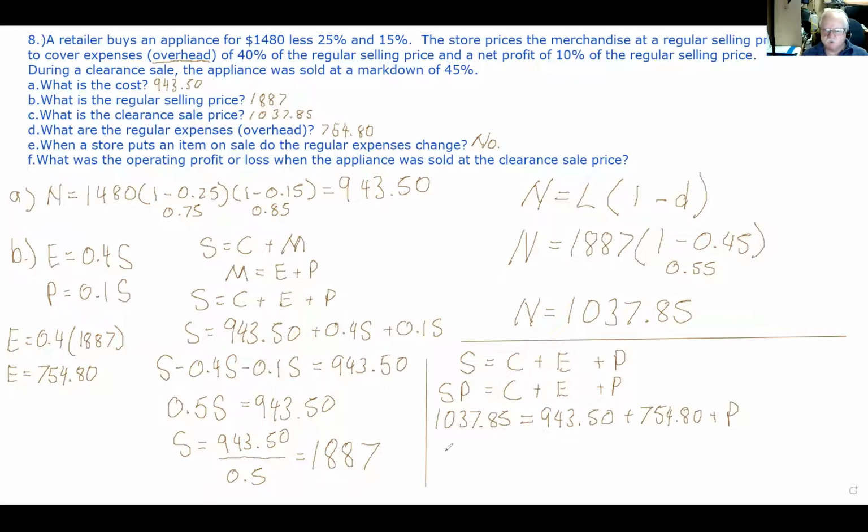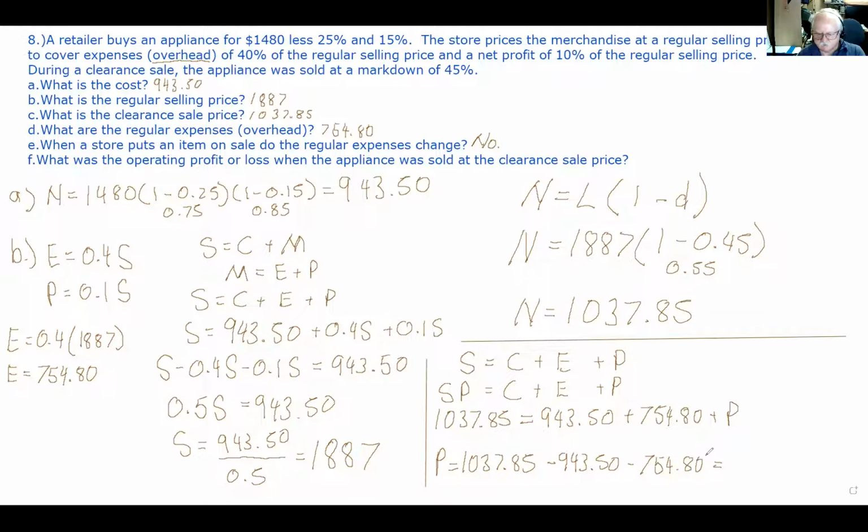And now we can solve for profit equals 1037.85 minus 943.50 minus 754.80.